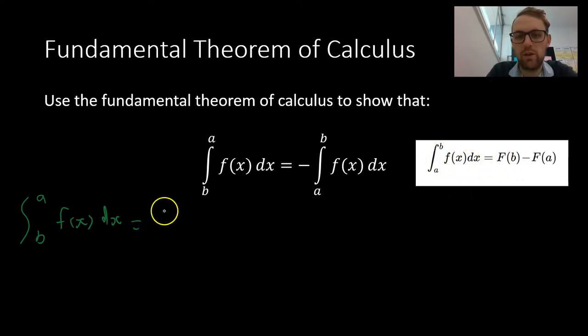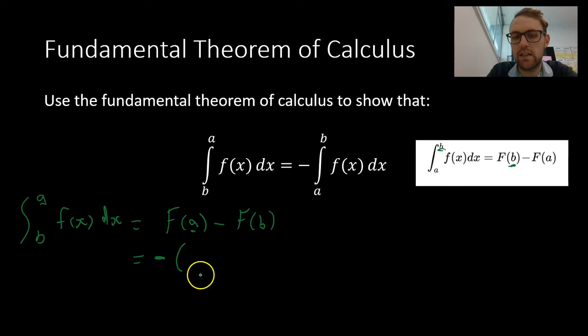We put the top one first, so it becomes capital F of b because that's the top, and the top one goes first, as we can see over here as well. And we subtract F of a. Now, if we're a little bit fancy and we can kind of see what's going on in the future, we can say, if I take the negative out the front, I can rewrite this as F of b minus F of a.